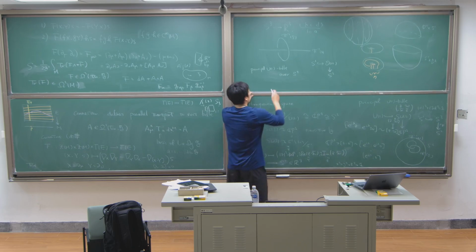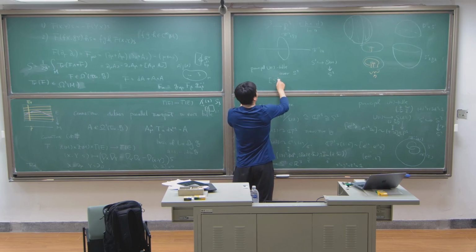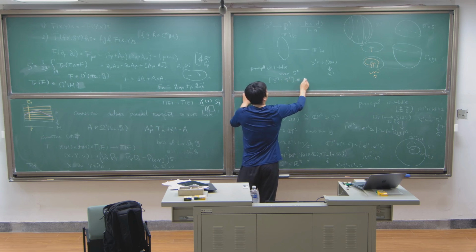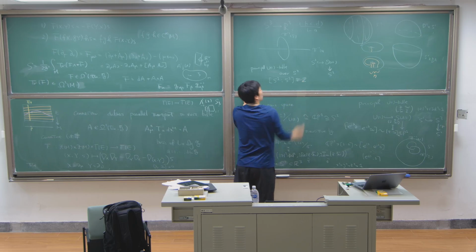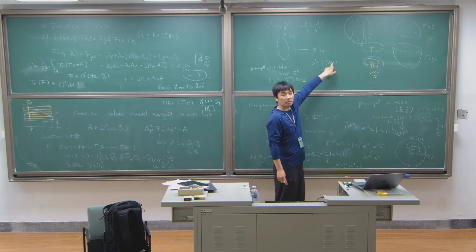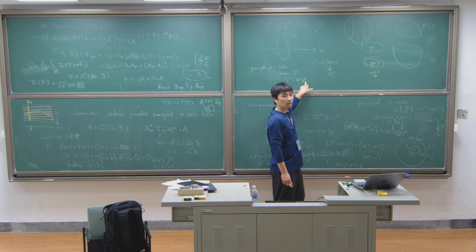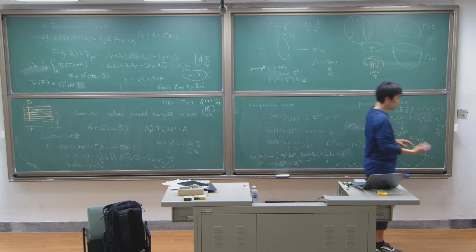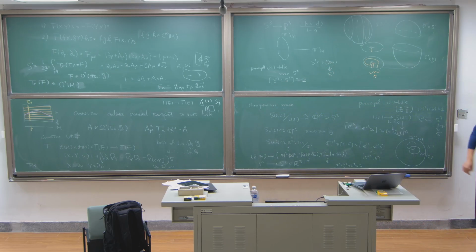In fact, it's just the homotopy class of S1 to S1, which is Z. So the element n corresponds to Z. Okay, that's how you construct the bundle.